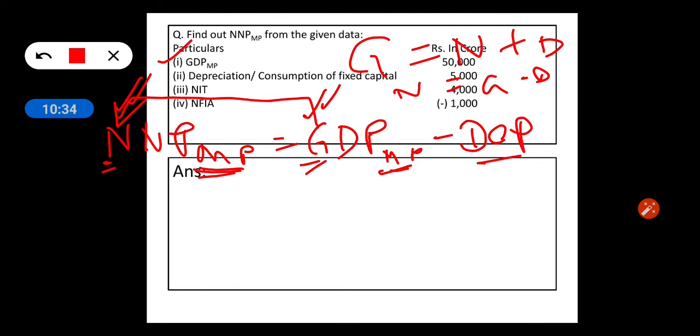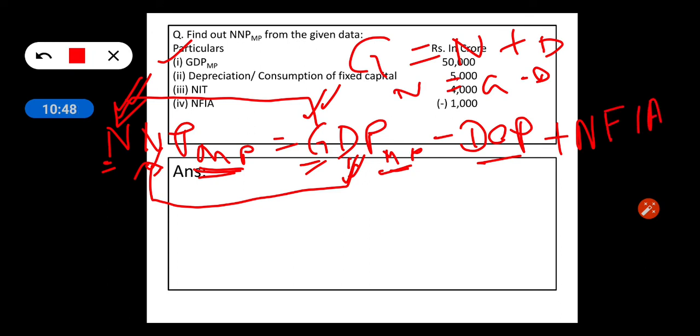And third factor, the middle one, we have domestic on the right hand side, on the left hand side we have national, so you have to convert domestic to national. To do that, you are going to add NFIA. Now let's put the value here. GDP at MP is 50,000.